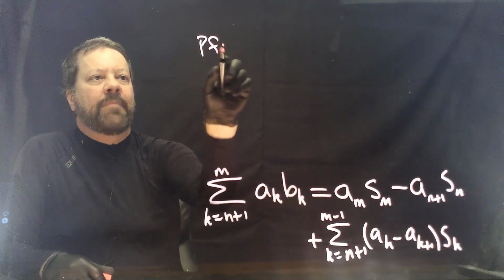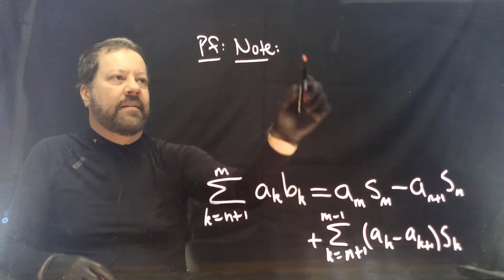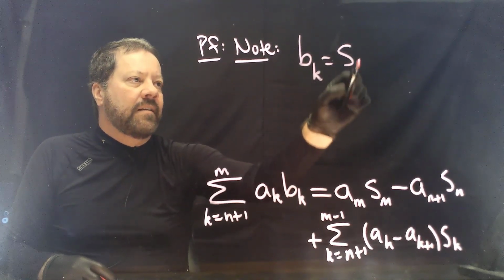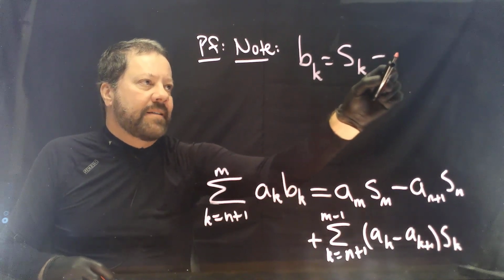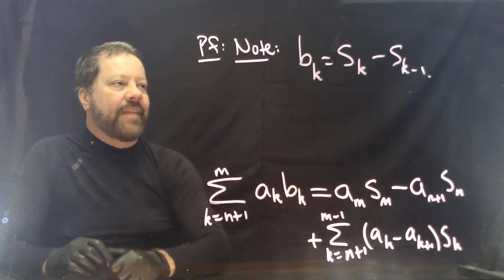We begin our proof by noting b_k is the kth partial sum minus the (k minus first) partial sum. That will just add on that kth term.